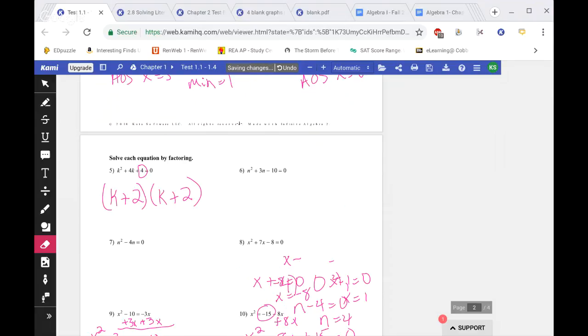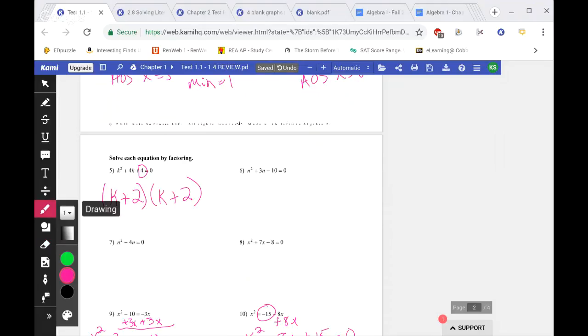But now on number 6, what you're trying to do is find 2 factors that multiply together to give you a negative 10 and add together to give you a positive 3. What I had done with Braden earlier was I did negative 10 and then positive 3. So what are the factors of 10?